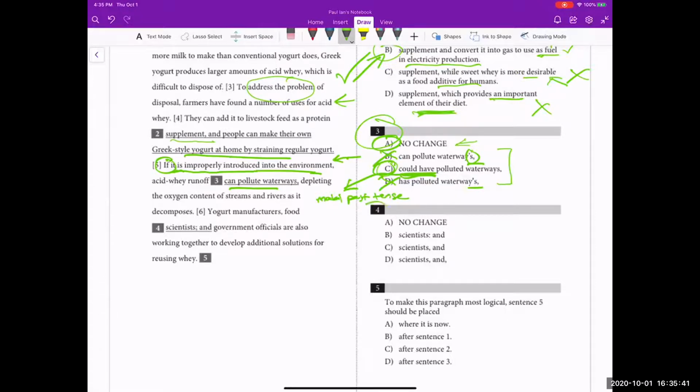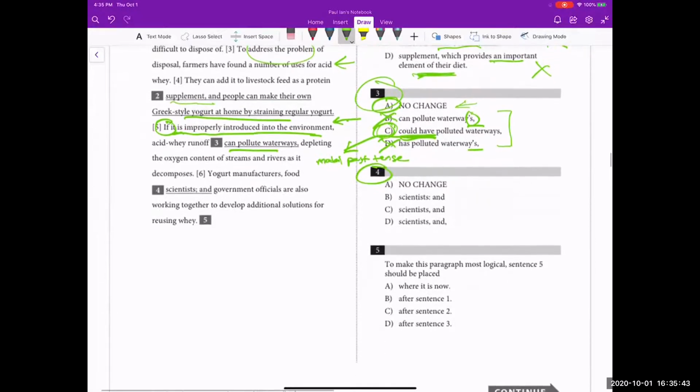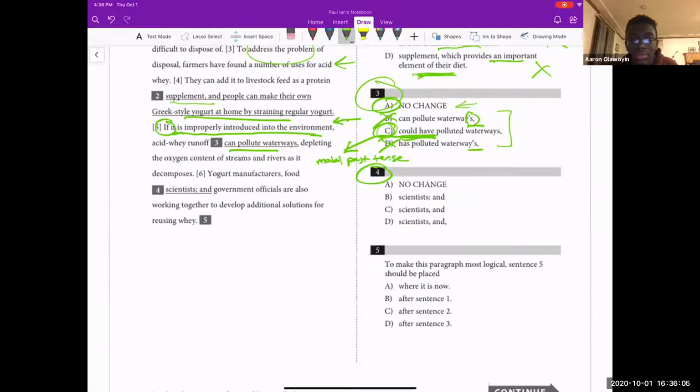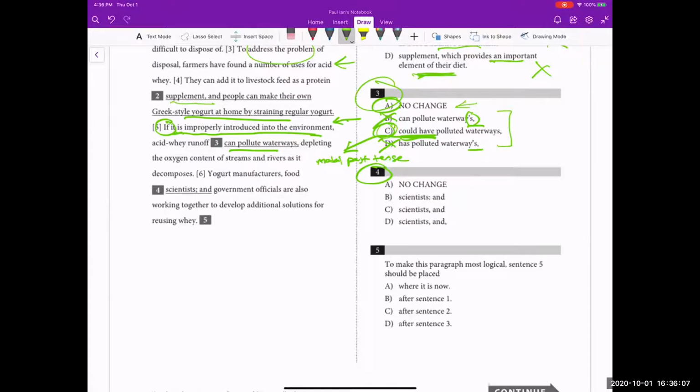Okay. What about 4? This is another grammar one, yeah. Is it C? Yep.